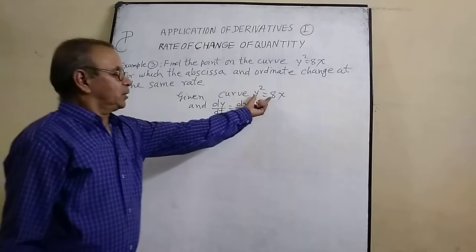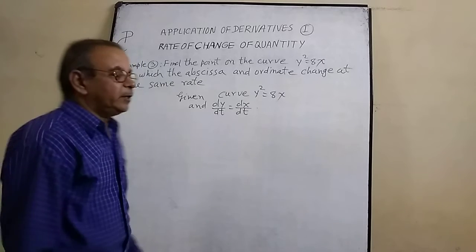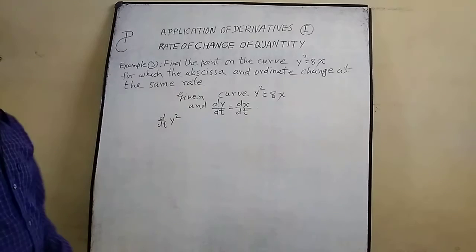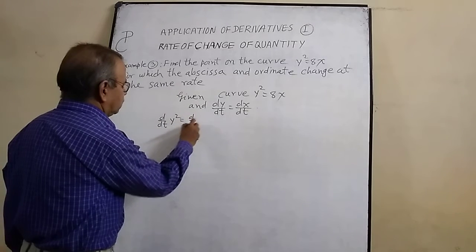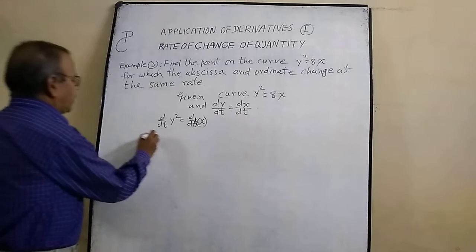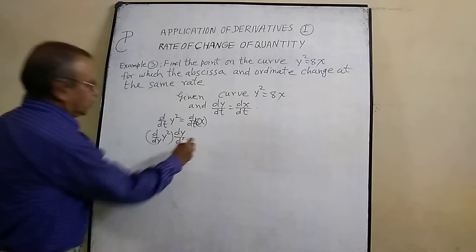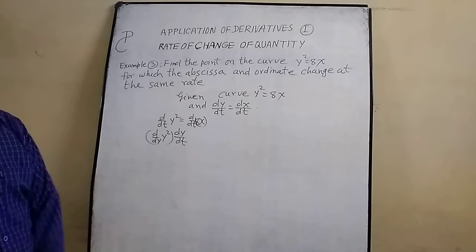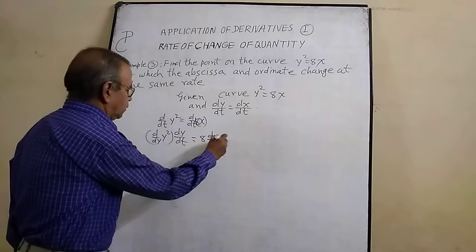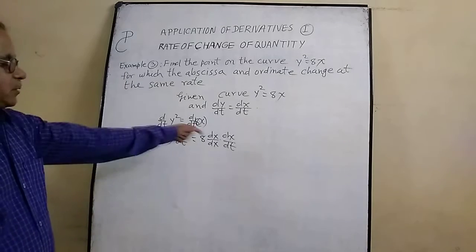So I just differentiate the curve y square is equal to 8x with respect to t. d by dt of y square is equal to d by dt of 8x. This is written as d upon dy of y square into dy by dt is equal to 8 d upon dx of x into dx by dt.